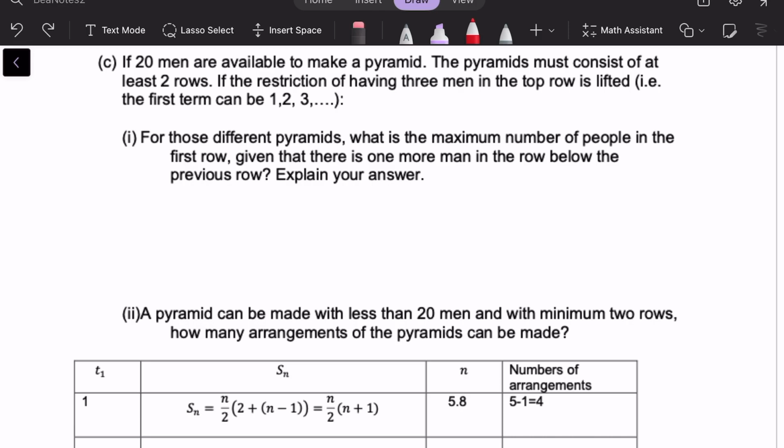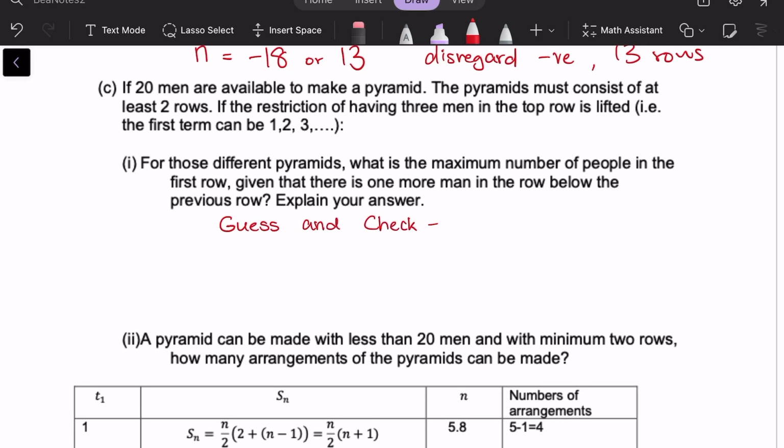Explain your answer. So I'm just going to assume that you have to use all 20 men, but tell me if I'm wrong. But assuming that we did have to use all 20 men, there wasn't really a systematic way that I found other than guess and check. So I'm just going to be explaining the guess and check.